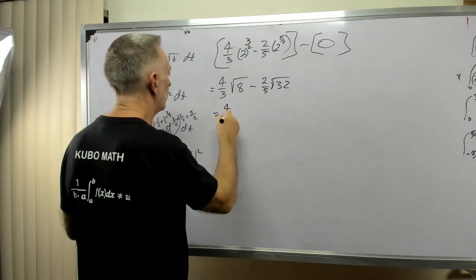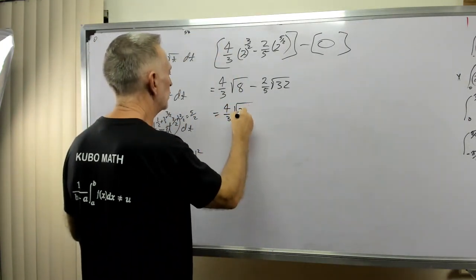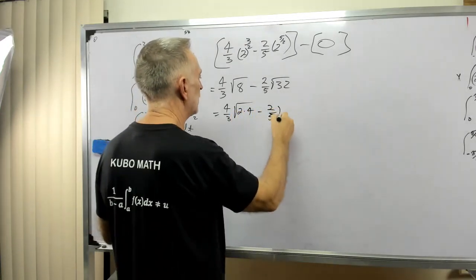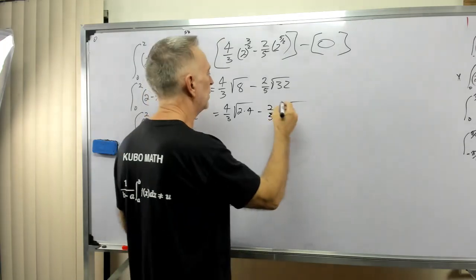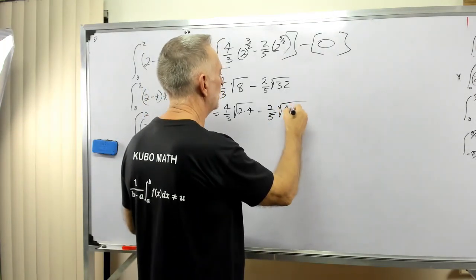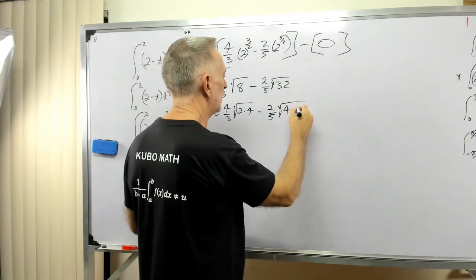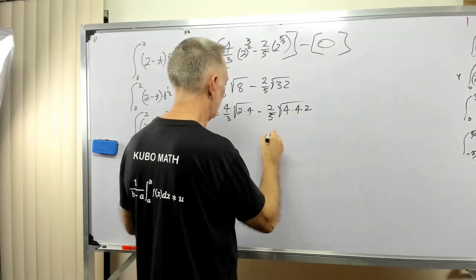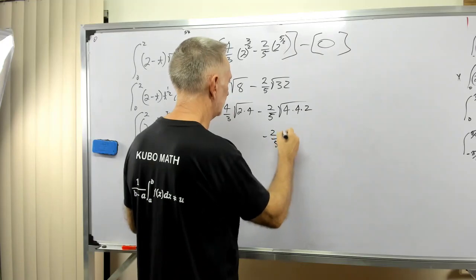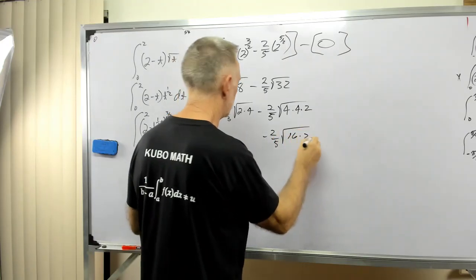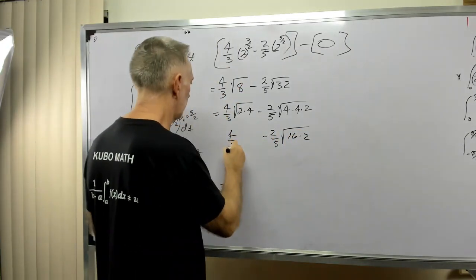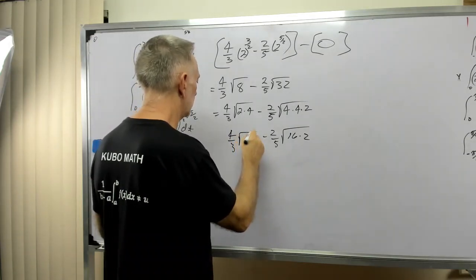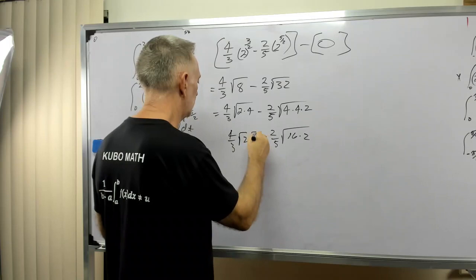All right, 4/3. We've got the square root of 2 times 4, minus 2/5 times the square root of 4 times 8, but 8 can be written as 4 times 2, such that that becomes 2/5 times the square root of 16 times 2. This is 4/3 square root of 2 times square root of 4.